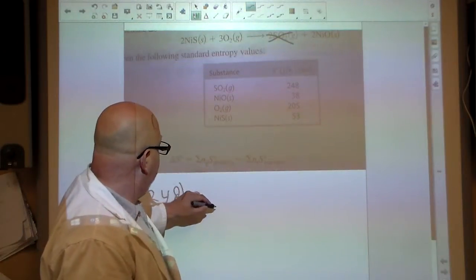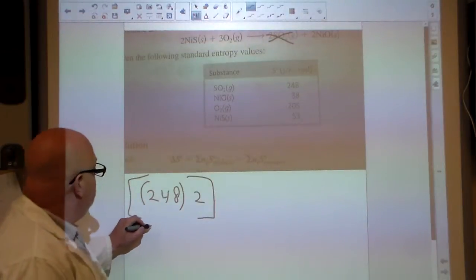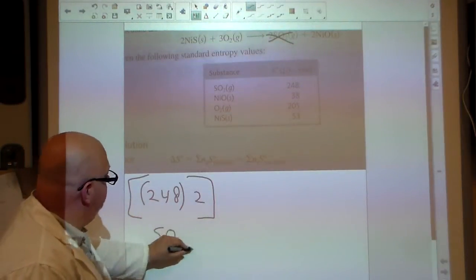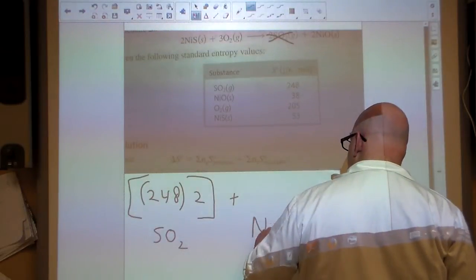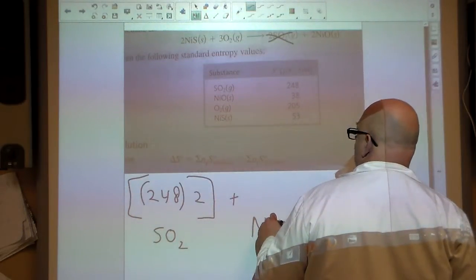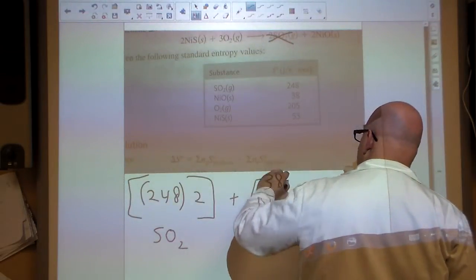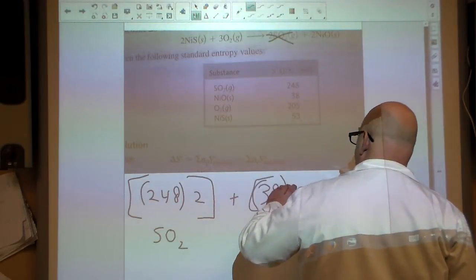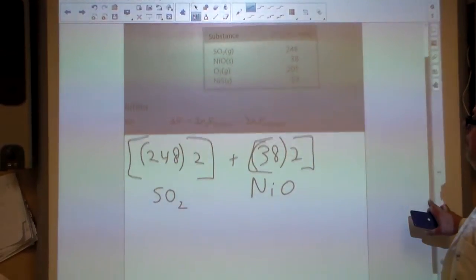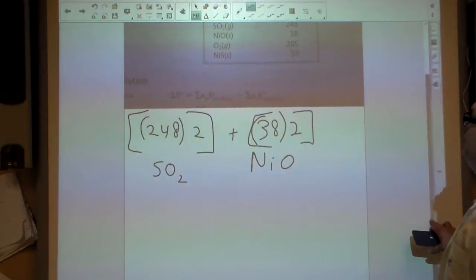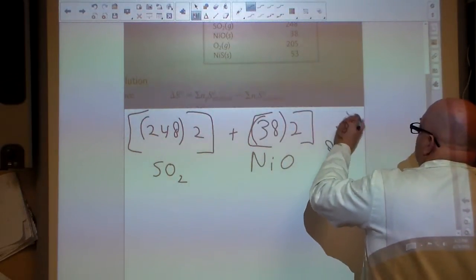So we look at this, SO2, plus we're going to be looking at our NiO, and that is going to have a value of 38 multiplied by 2. So that's what we have here for our products.